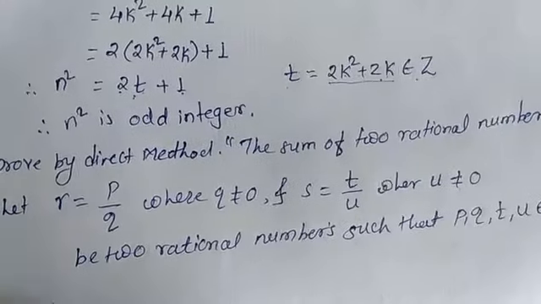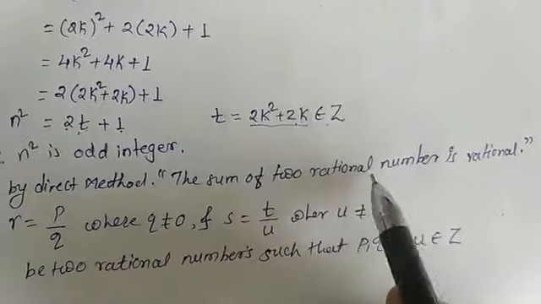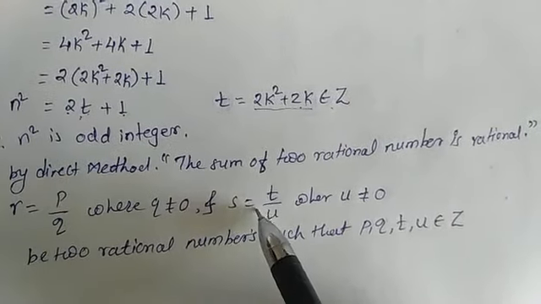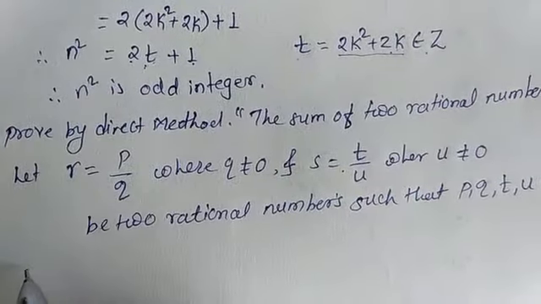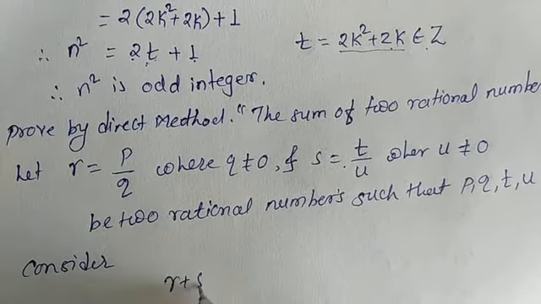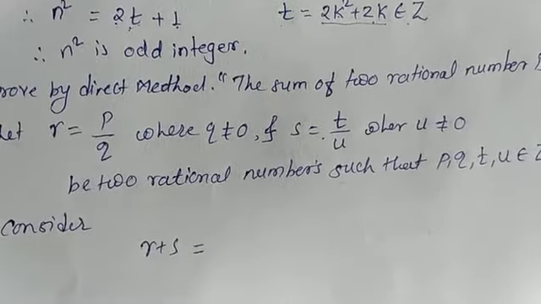Now we have to take the addition. We have to prove that the sum of two rational numbers is rational by using the direct method, that is, we directly add these two numbers. So consider R plus S, and we have to check whether the addition is rational or not.